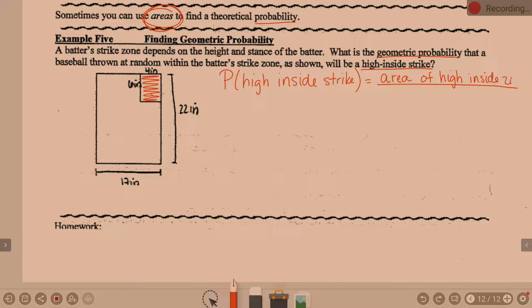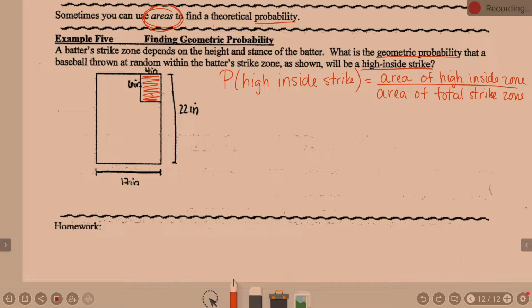What am I going to be doing on bottom? Area of the total strike zone. Okay, so it's the area of that specified small piece on top, divided by the entire area on bottom.